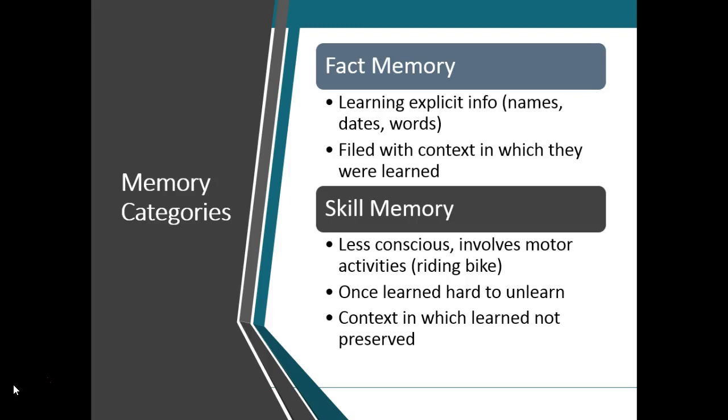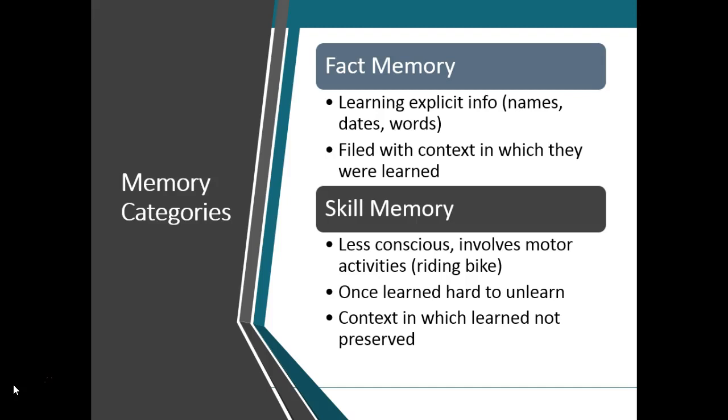Your procedural or skill memory includes things like the memory of motor skills, procedures, and rules, how to ride a bike, how to perform the steps of a dance that you learned, the memory of how to get into your car, turn the car on and start driving. So it doesn't require that we have conscious recall.